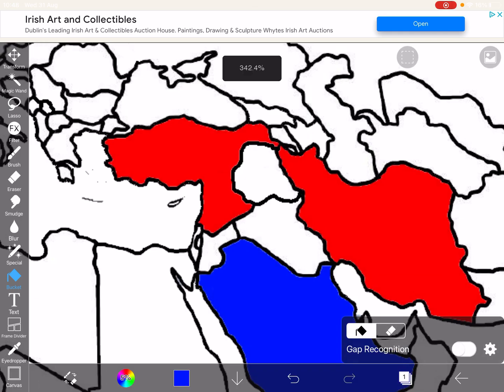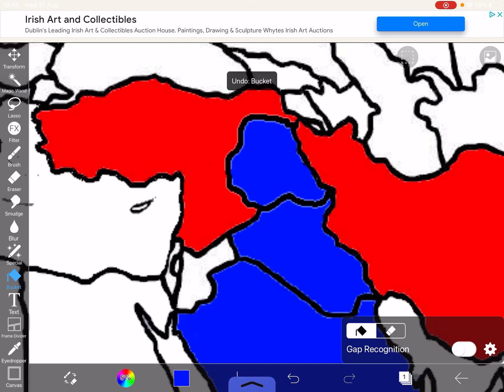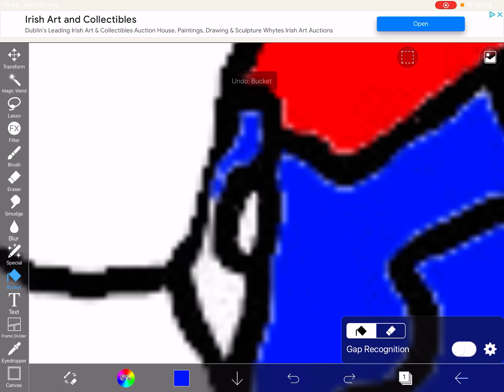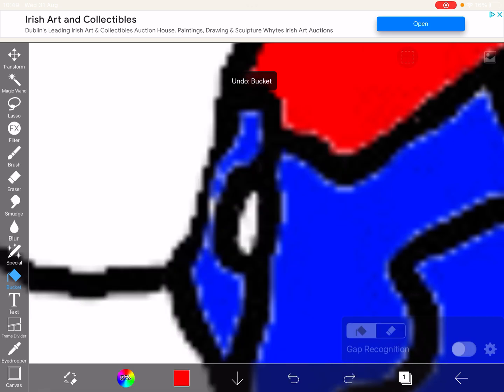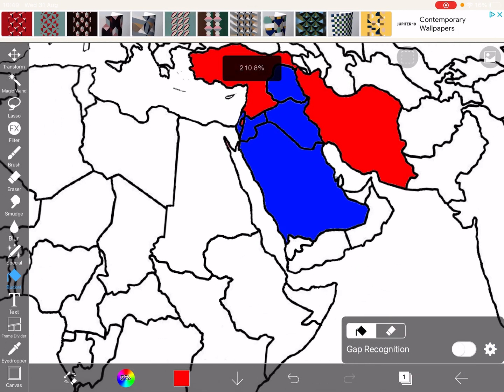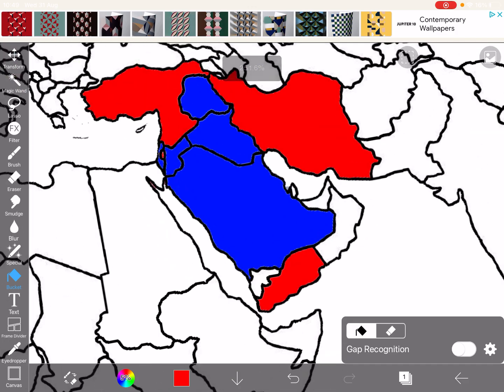So Saudi Arabia activates its defence pact and we see these boys all joining. Palestine joins the red side, obviously, because they don't like Israel one bit. And we also see Yemen join the red side.